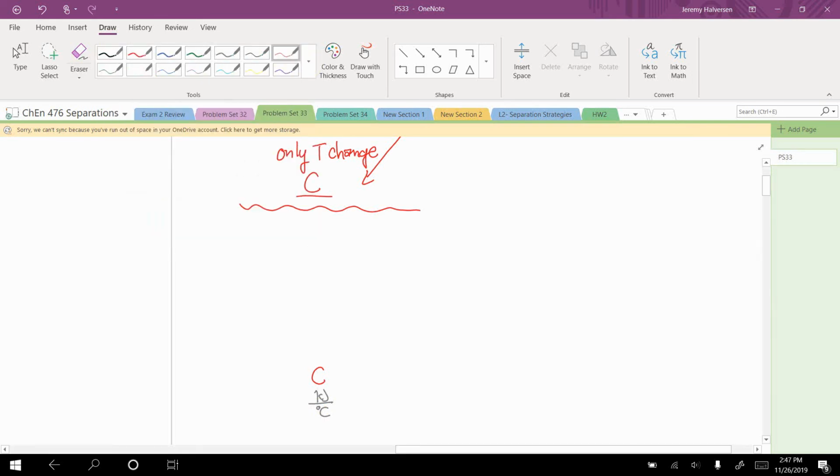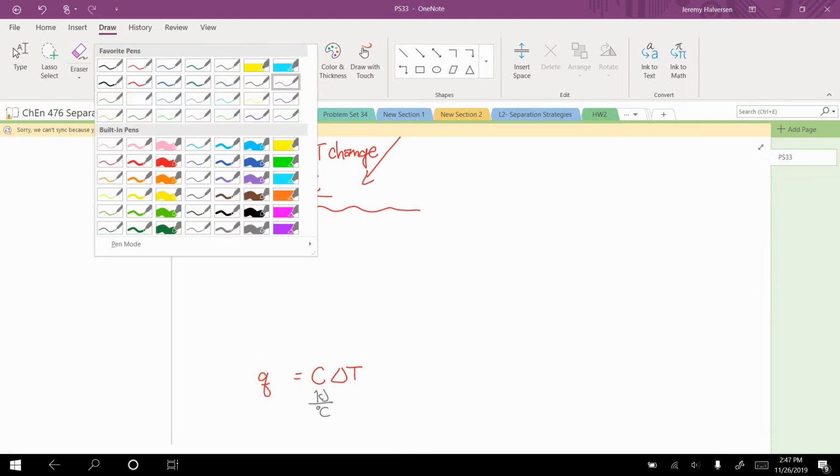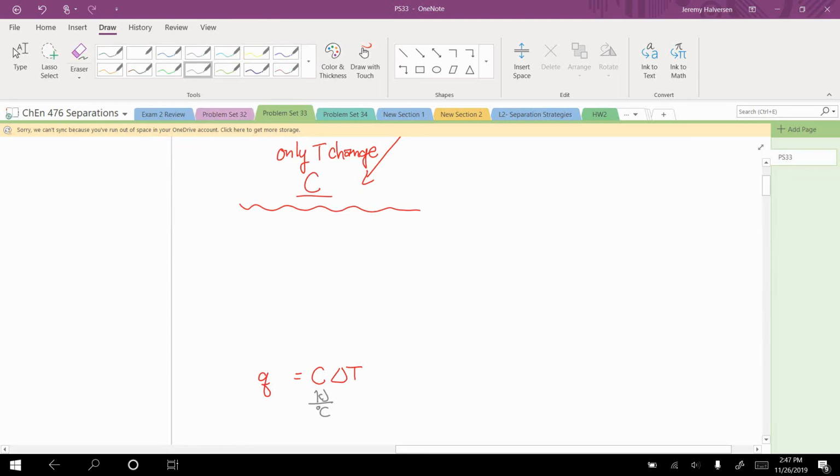Again, relating heat to temperature. If I take this heat capacity C and multiply it by the change in temperature that my object undergoes, that's going to give me my overall Q. Remember that Q is always in units of joules or kilojoules.